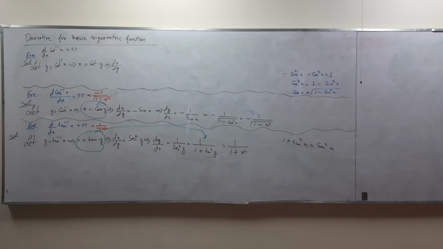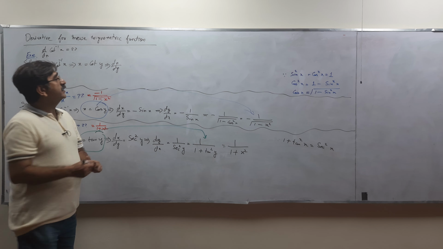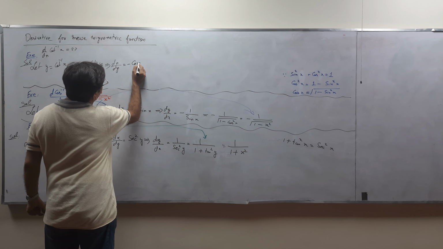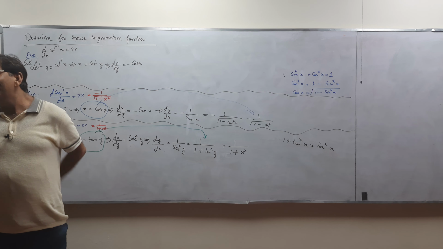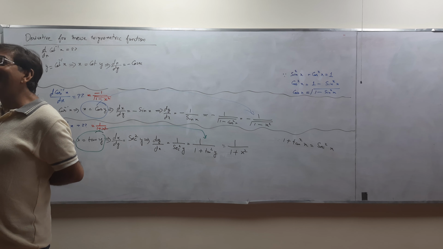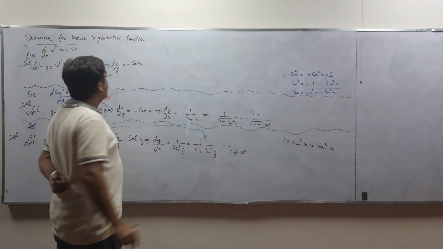What is the derivative of cot y? Minus cosecant square y. Good. Quick correct reply. Earlier there used to be quick wrong replies, now quick correct replies.